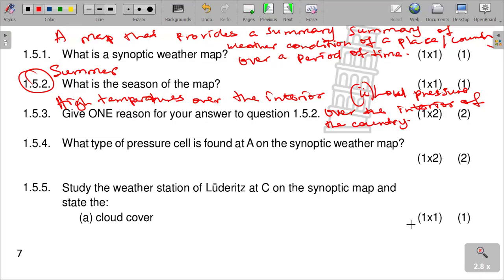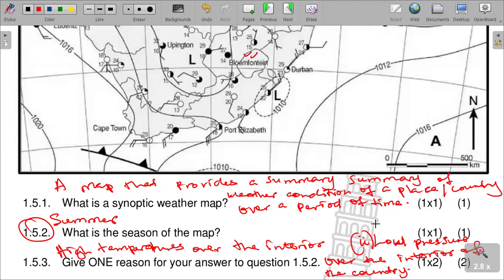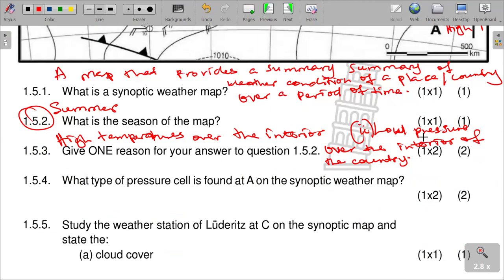You can actually see that our contour lines are 1016, 1012. So at A there is high pressure. It is a high pressure cell at A.